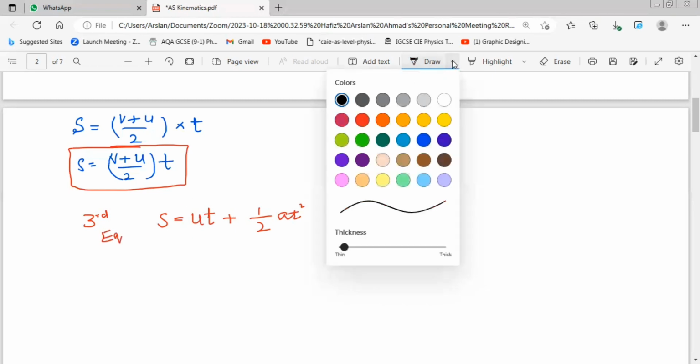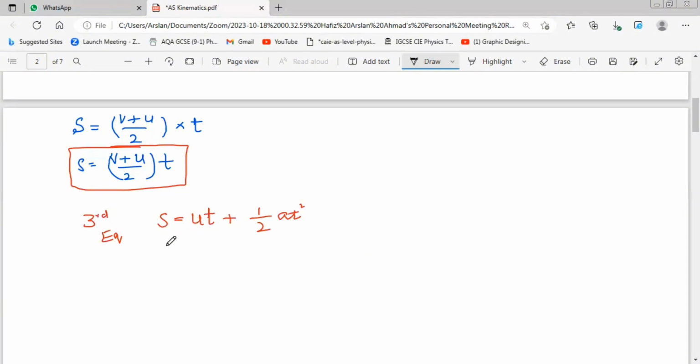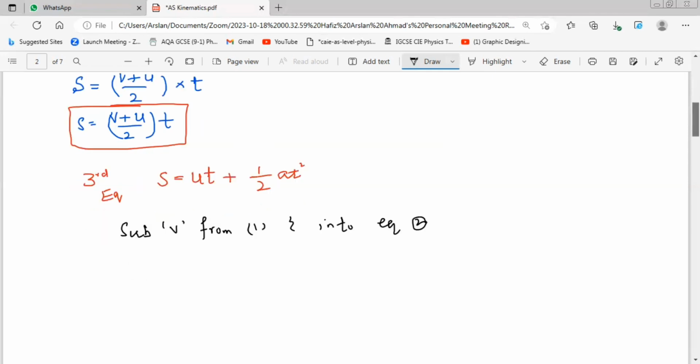We will start by substituting v from equation 1 into equation 2. So let's continue.